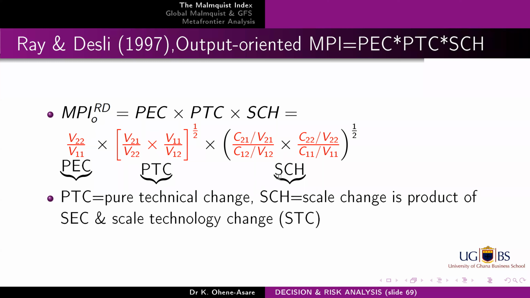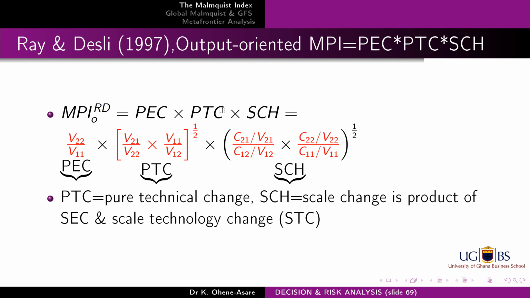And they called it scale change. So you have the pure efficiency change, then they call this pure technical change. This pure technical change is pure, it's relative to the VRS. And then the scale part alone is the one that must have the CRS, VRS. And so they created it.